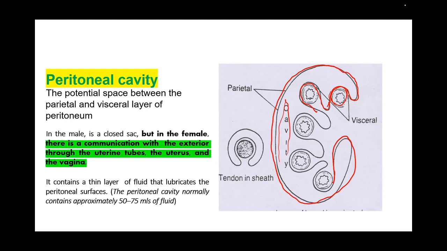In young females, because there is communication of the peritoneal cavity through the fallopian tubes, they could have ascending infection, which spreads from the genital tract into the peritoneal cavity through the fallopian tubes. And that is a form of primary peritonitis.